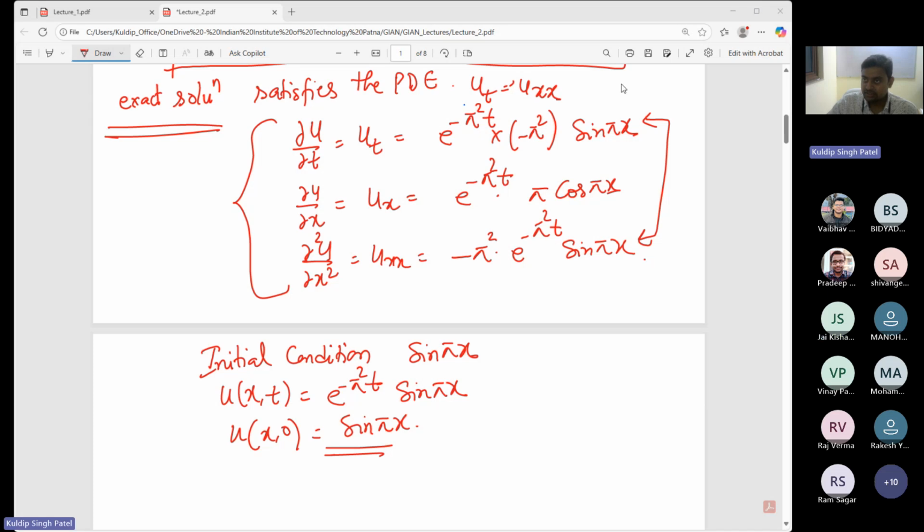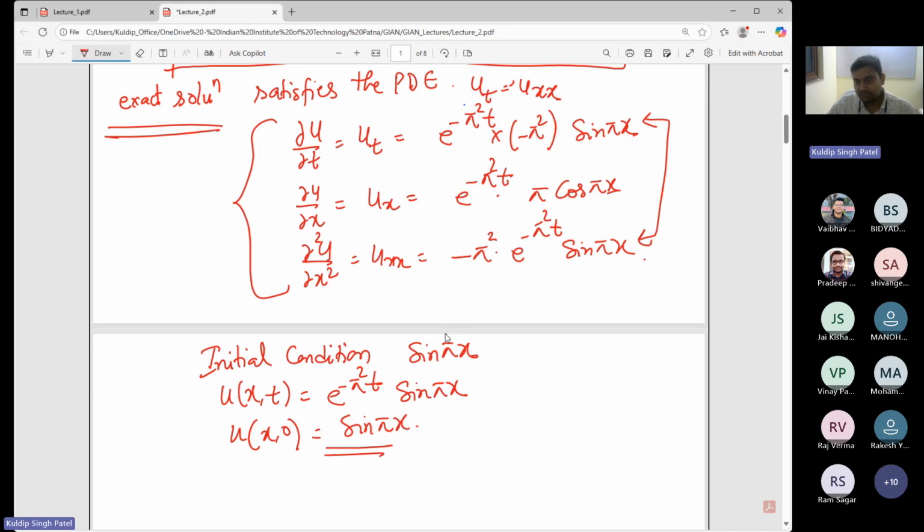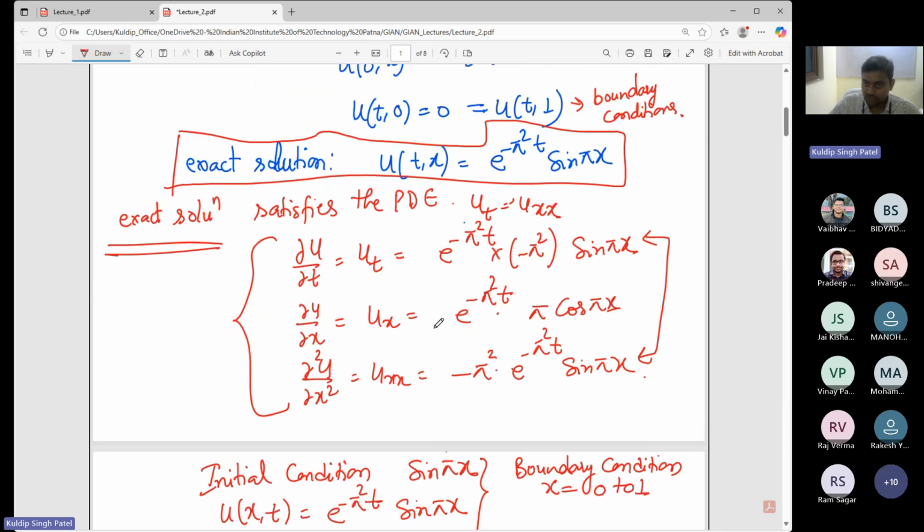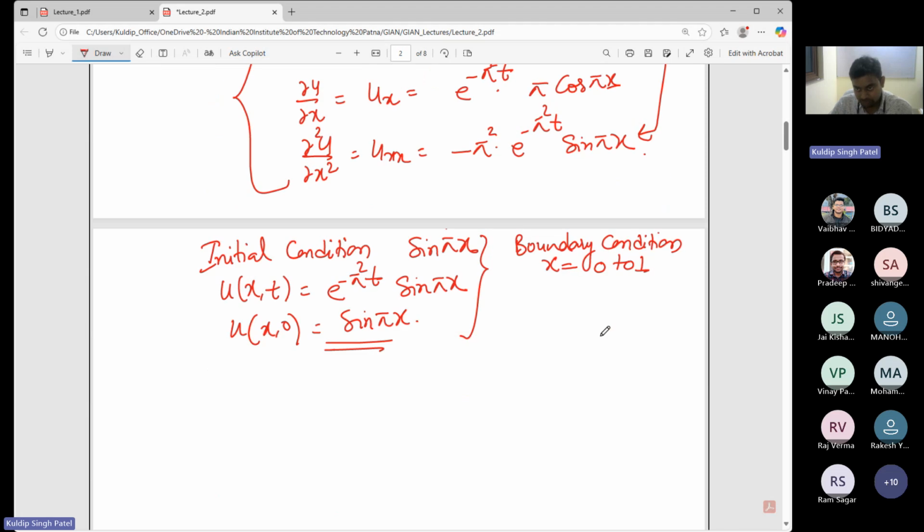So now tell me whether it satisfies the boundary condition also. Boundary condition, x is from 0 to 1. So put x equals 0, that is u(0,t), what will you get? 0, because sine 0 is 0.